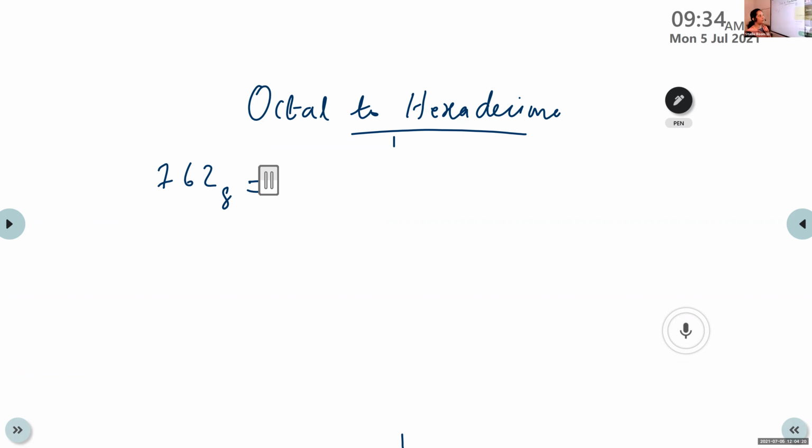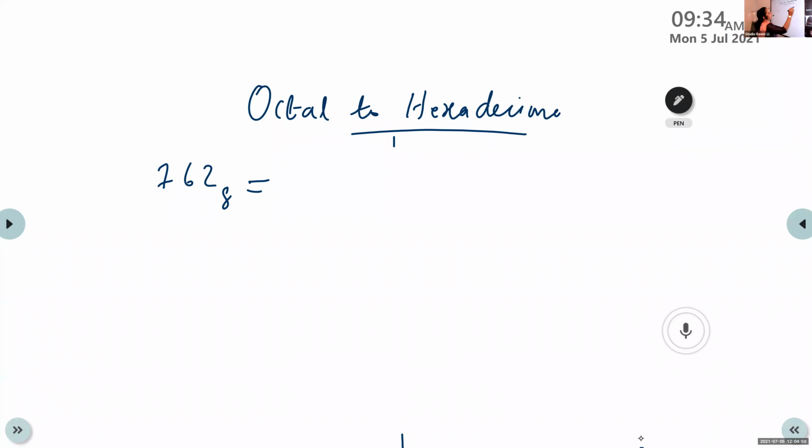It's not the 4-bit table. The 4-bit table is for hexadecimal conversion, because a hexadecimal digit is represented using 4 bits. But in the case of octal, we need 3 bits for representation. So we are using the 3-bit table for converting octal to binary. So first we have to convert this octal number into binary using the 3-bit table.